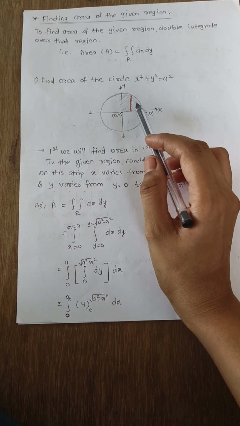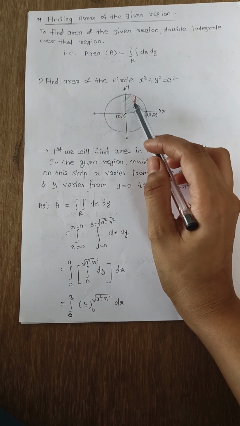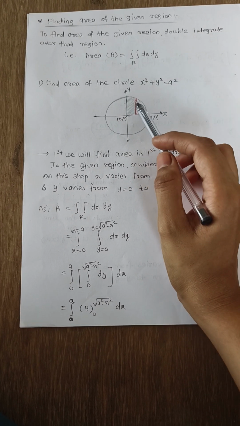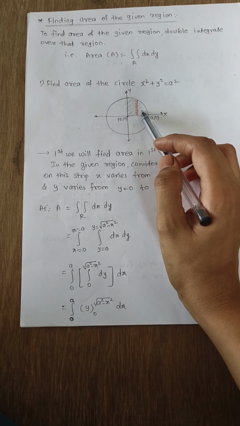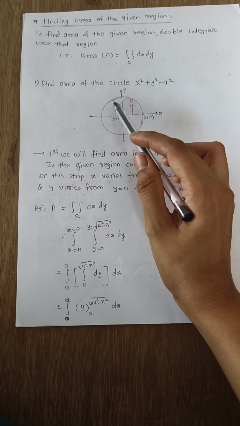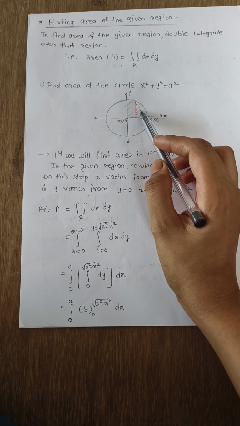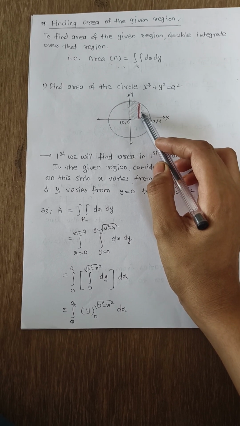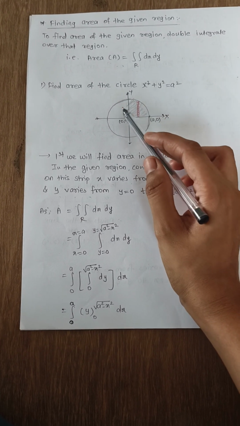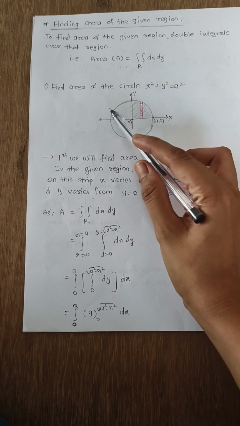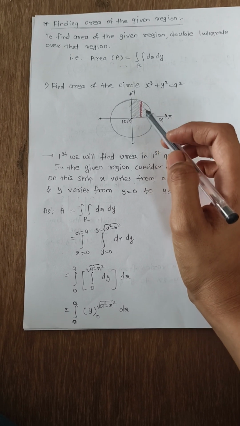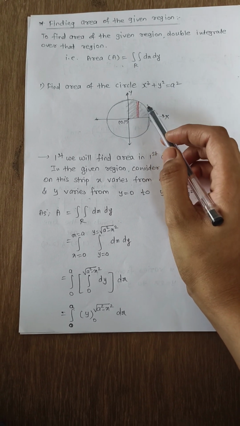Now we will find the area of this circle. We will find the area in the first quadrant only, because the circle is symmetric. By calculating the area of this region and multiplying by 4, we will get the area of the total circle. Just see this highlighted region.